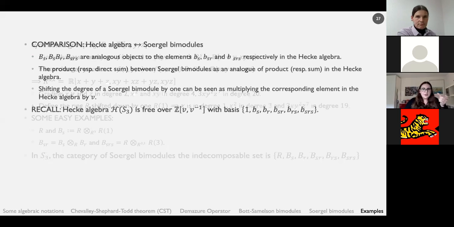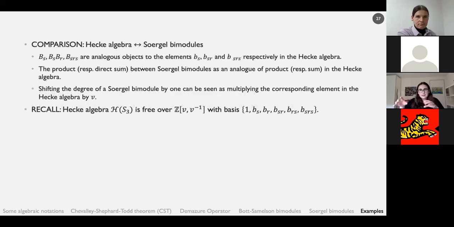But at this point, I want to do a little comparison between the Hecke algebra and the Soergel bimodules. We can think of B_S, B_R, B_S B_R, B_S B_R B_S, and so on as analogous to the elements b_s, b_r, b_sr, b_srs, respectively, in the Hecke algebra. And we can also think of the product, respectively direct sum, of Soergel bimodules as an analog of product, respectively sum, in the Hecke algebra.